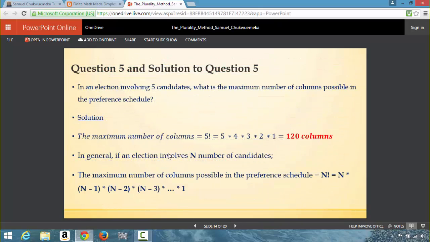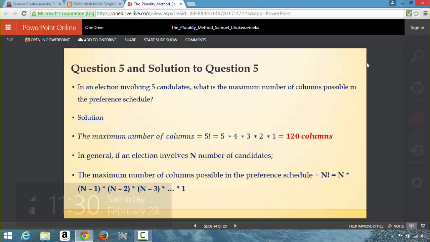Question 5. In an election involving 5 candidates, what is the maximum number of columns possible in the preference schedule? Here we have a formula. The maximum number of columns will be 5 factorial. Factorial notation. If you look at your scientific calculator, let me pull mine up.